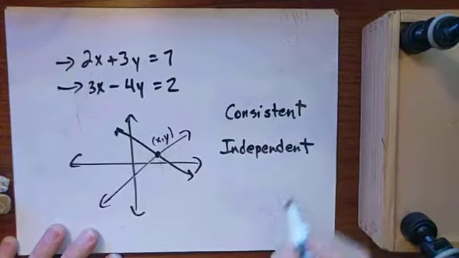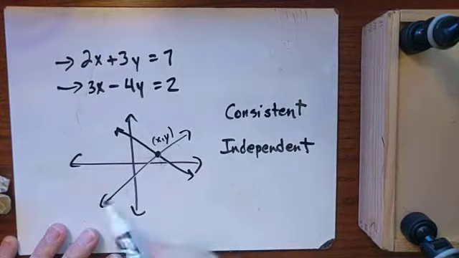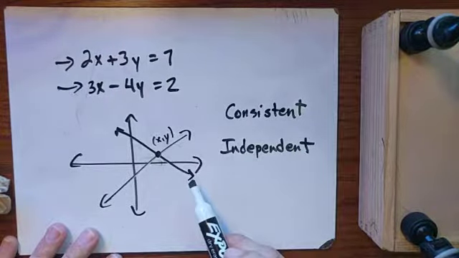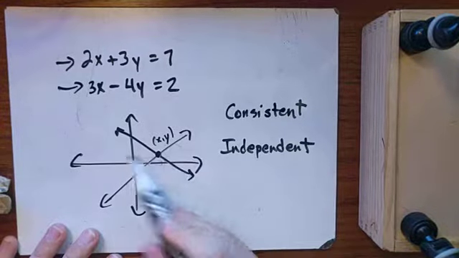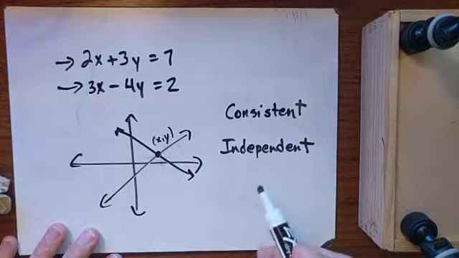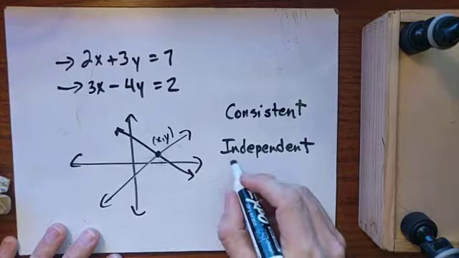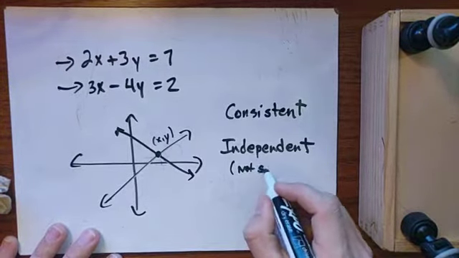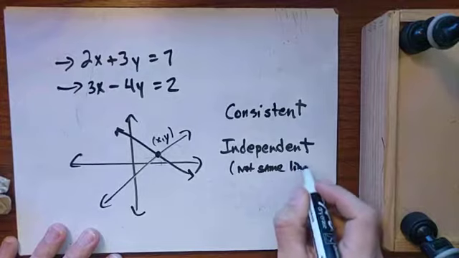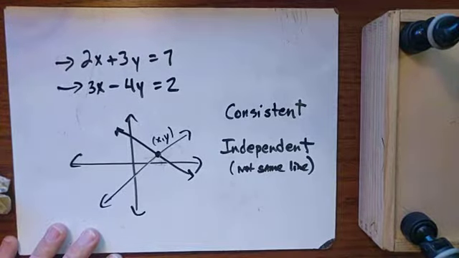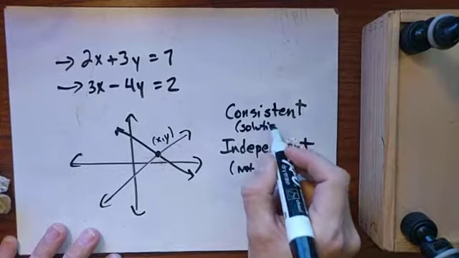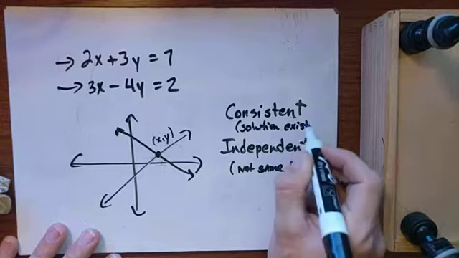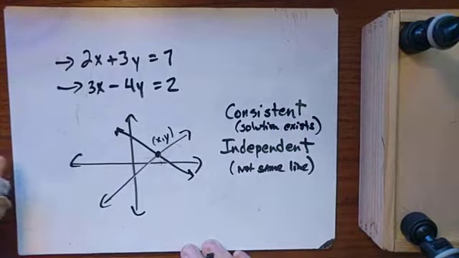The two lines are independent of each other because they're not the same line. One line does not depend on the other one. Consistent means there's a solution, a solution exists.